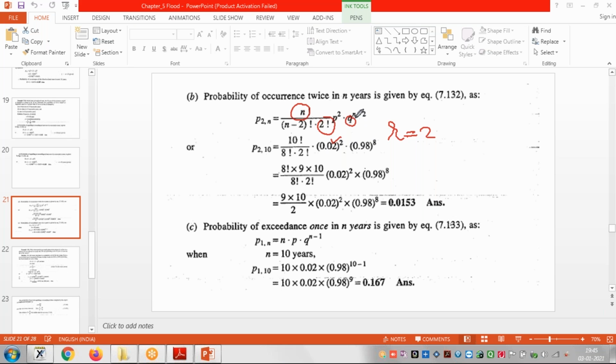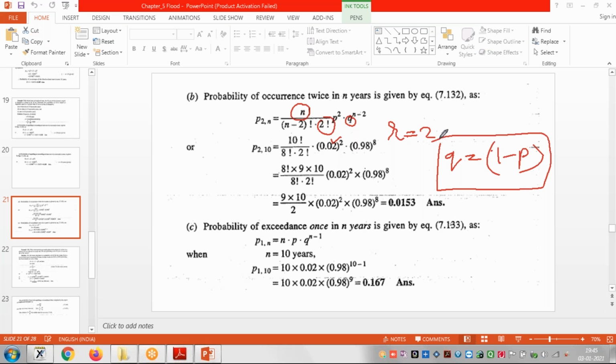Now what is the value of q? How do we find the small value of q? We have already seen the formula. If you remember, q is equal to 1 minus p, right?